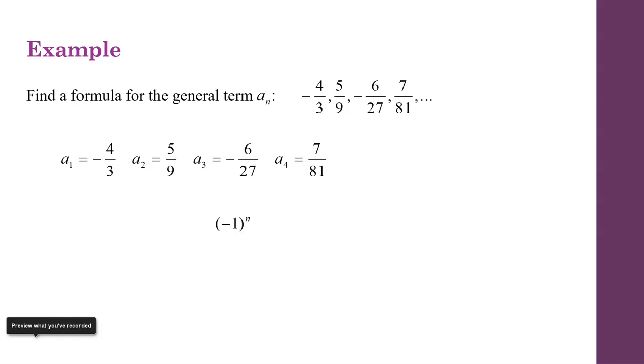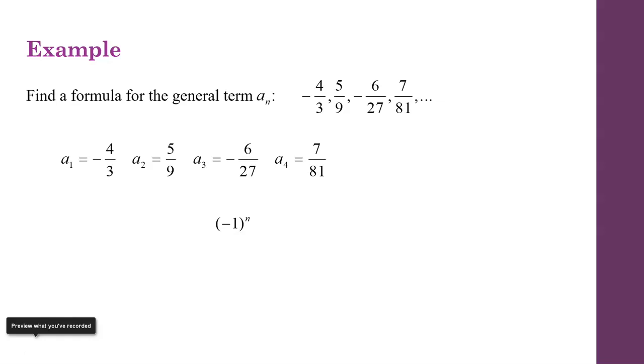Next, if I look at the numerator, we start with a 4. And then our terms keep growing by 1. Right? So if I want the first numerator to be a 4 when I plug in 1, I need to have 1 plus 3. And then the second term, 5, would be 2 plus 3. 3 plus 3 would give me 6. 4 plus 3 would give me 7.